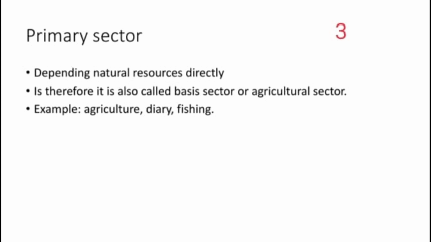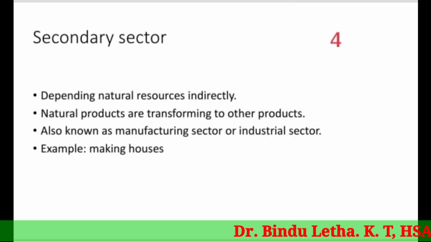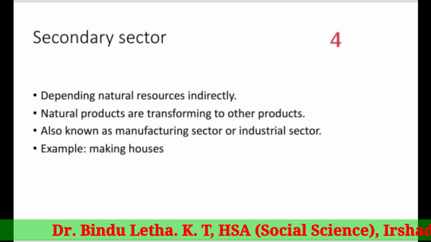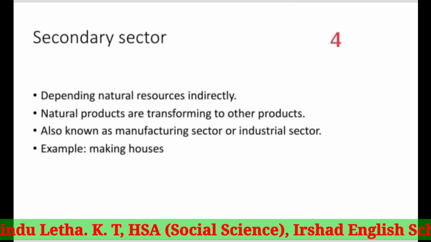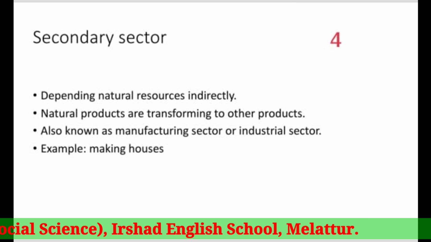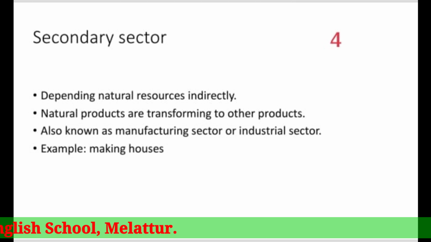The primary sector is fully dependent on farming. There is no other means of life. But in the case of the secondary sector, a lot of machines are introduced. It helps the fast growth of the secondary sector. That is why a lot of people also shifted to the secondary sector and they produced varieties of goods.